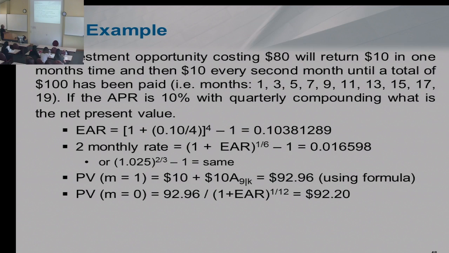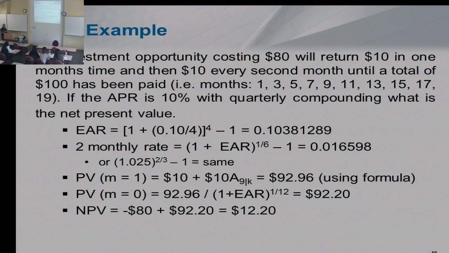which would be 1 plus the EAR to the power of a 12th, or it would be this rate halved to the power of a half. But doesn't matter. And then last step, I need to take into account the cost of $80.